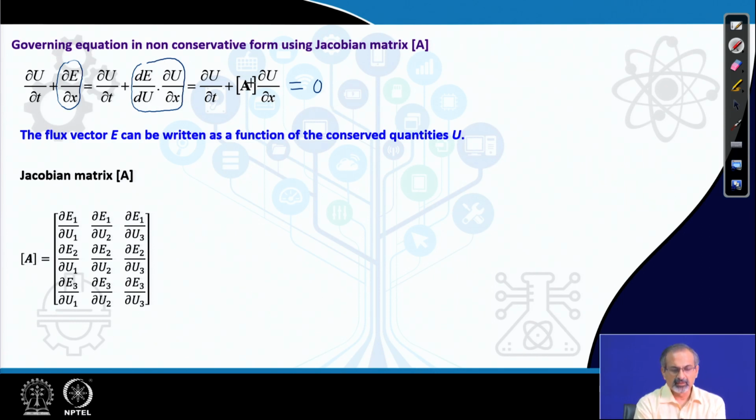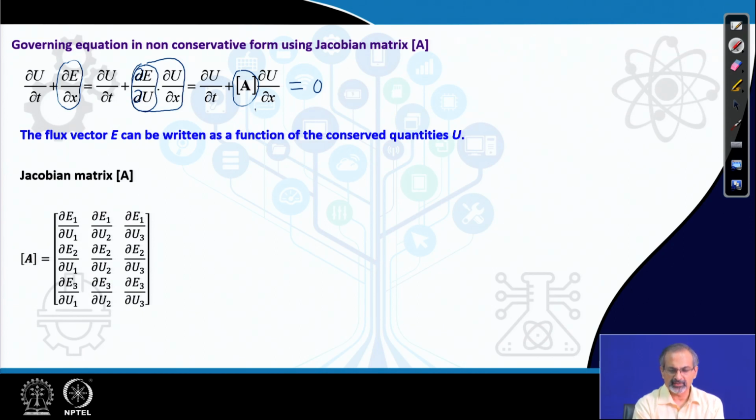And then we want to name this as a Jacobian matrix. We will explain what is the significance of that and what is the form of that matrix, and we leave the equation in this form.